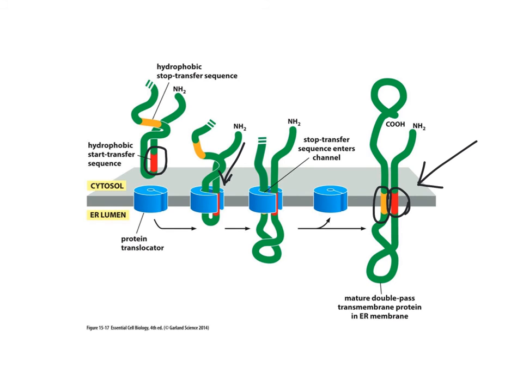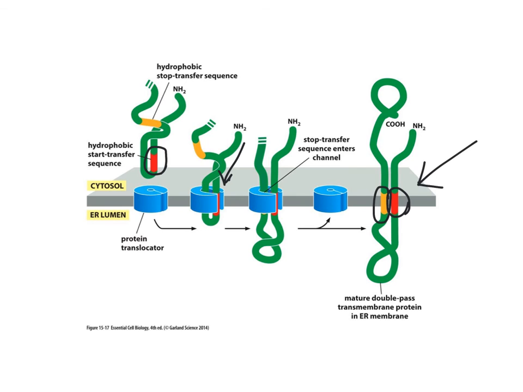They will come into play when they reach the membrane. A start transfer sequence will start the protein moving through the membrane again, and a stop transfer sequence will stop that transfer, and the protein will be made on the cytosolic side. So it can cross the membrane as many times as needed. It just has to have those start and stop transfer sequences.